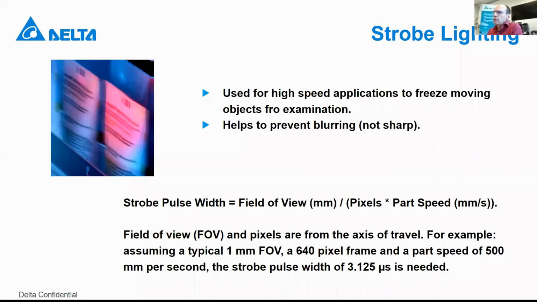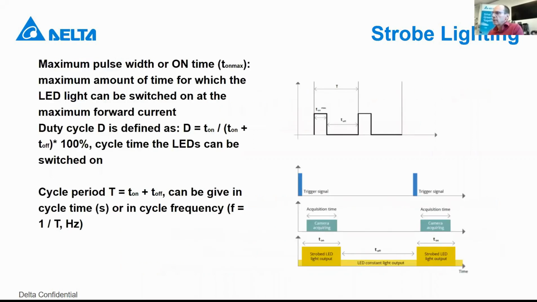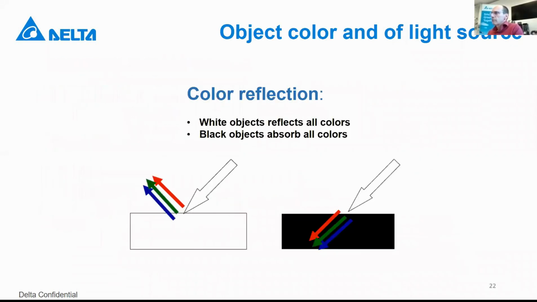Normally, when you have the light completely on, you only see a high distortion on your object, so that you can't read the letters anymore. When you use strobe lighting, you can easily read your letters and also your barcodes and so on. It looks as if it is standing still. This is how it has to be calculated.